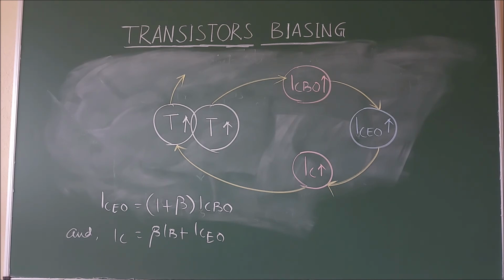And we know that due to the increase of collector current IC, the temperature increases. So the increase of IC would increase the temperature of this collector junction. It is a continuous process, a chain system, repeating once again. This is known as thermal runaway.